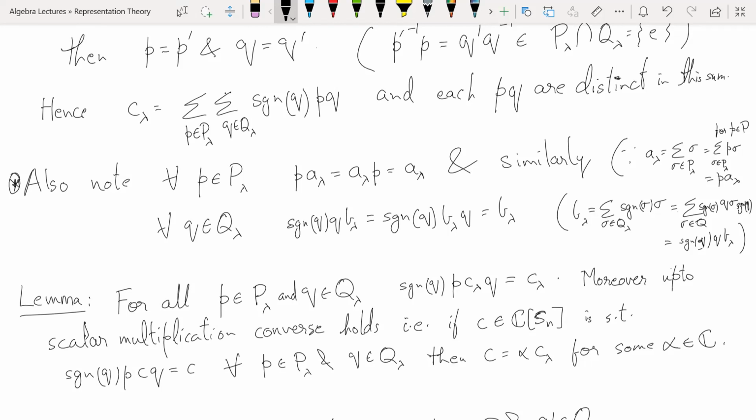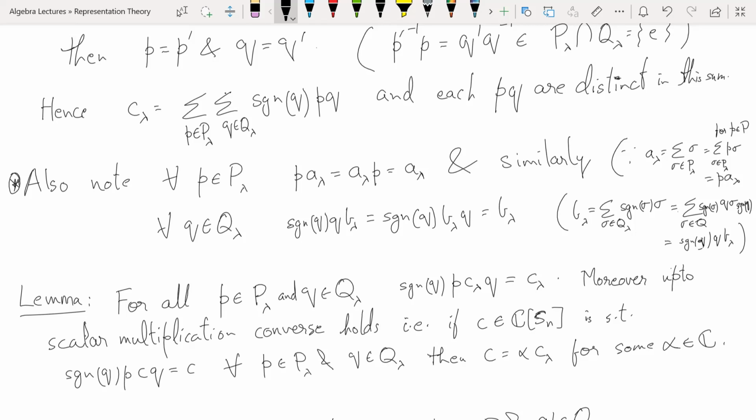If C in Sn is such that pre-multiplying C by P and post-multiplying by Q changes C by sign of Q for all P in P lambda and Q in Q lambda, then C must be a scalar multiple of C lambda.